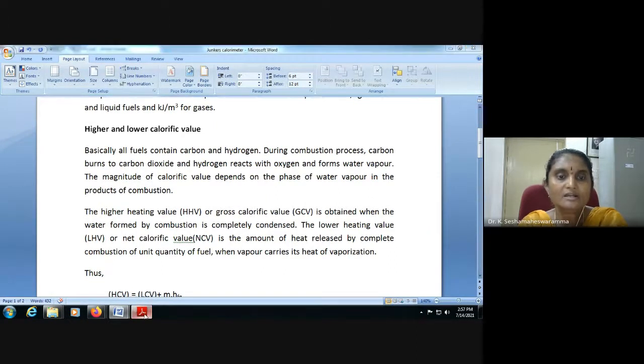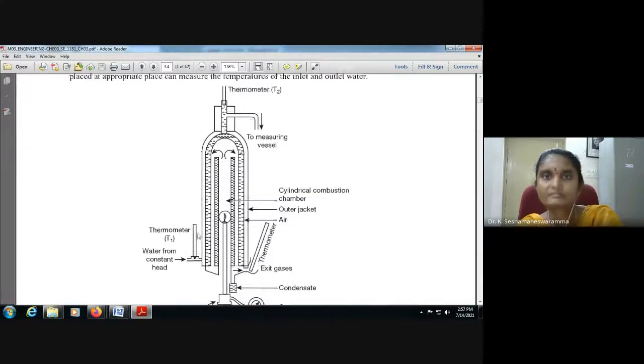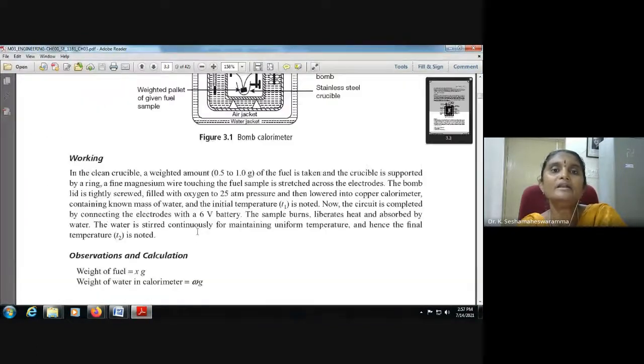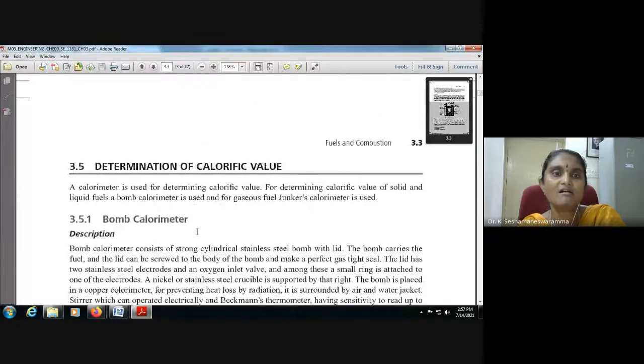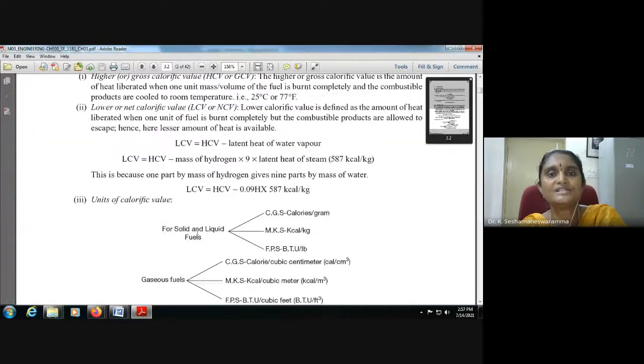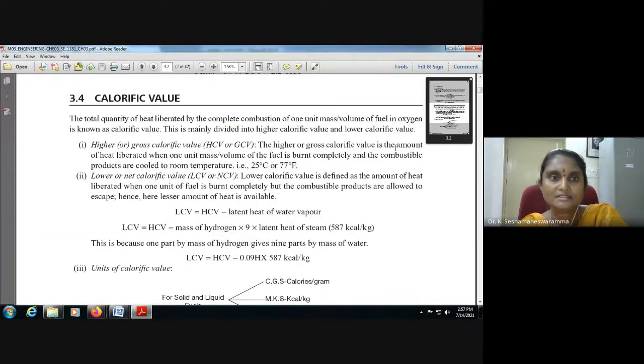That is, all the combustible products are cooled to room temperature.